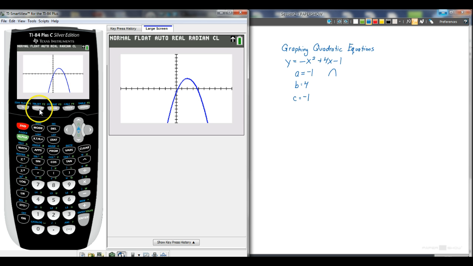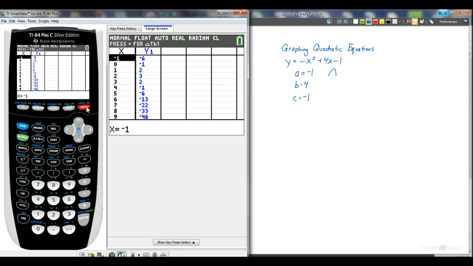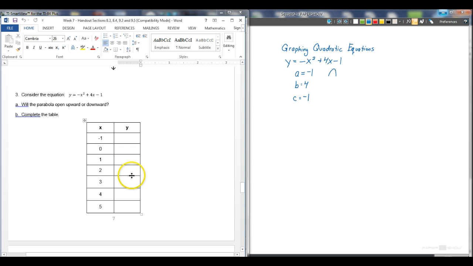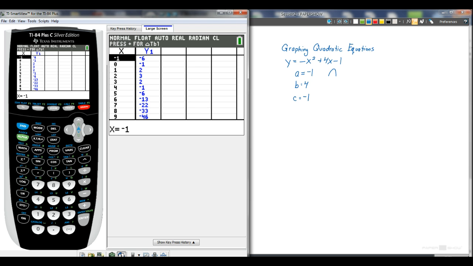So let's go to second table set, and you can start at 0, or since we know our table starts at negative 1, we can do that. And we saw that was going in increments of 1. Then we go to second table, and we have our values. Again, we're looking for negative 1 through 5. So we can write that out.